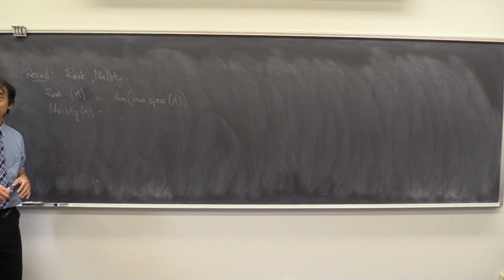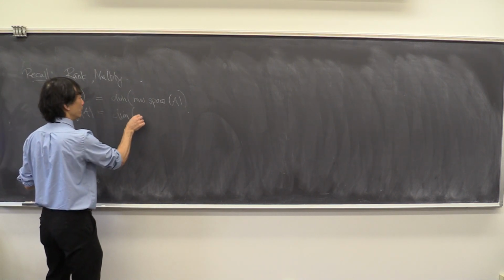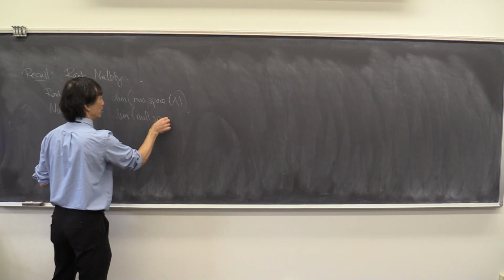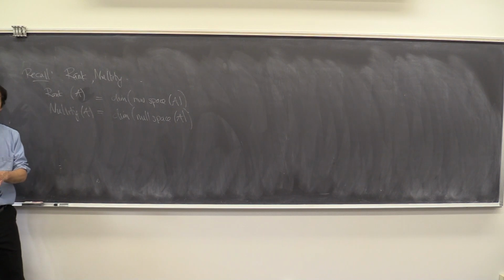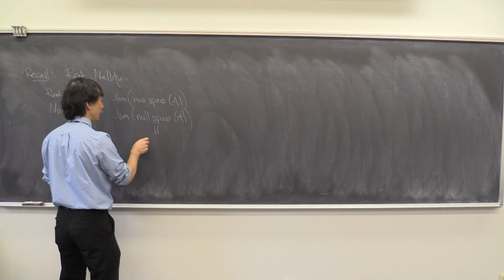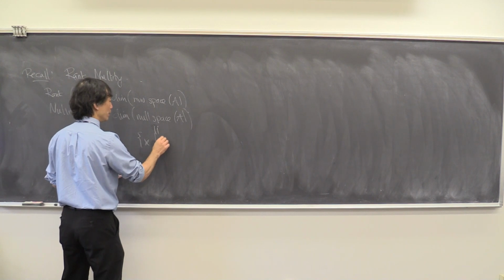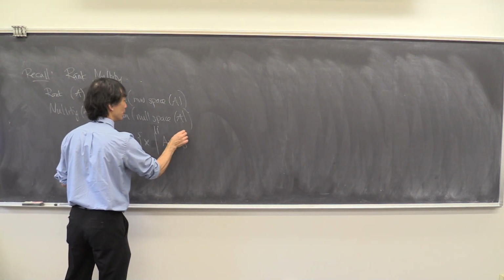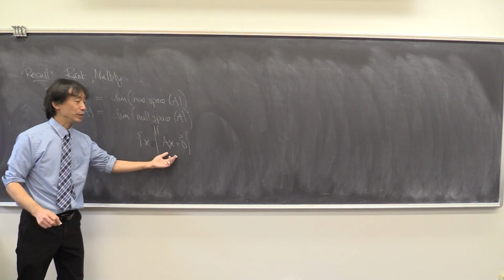Is it the dimension of the null space? Dimension of the null space, exactly. And remember, the null space is the stuff that gets killed by A. It's defined to be the vectors, wherever they are, such that AX equals 0. In other words, the null space is the solutions of the homogeneous problem.